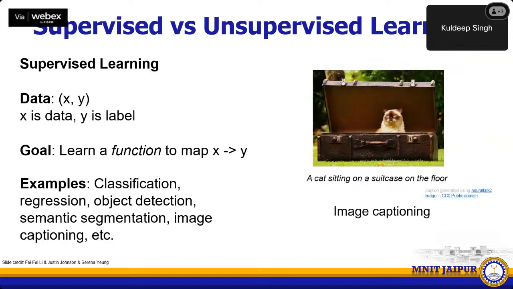Another example could be image captioning. In image classification, you had labels as the class of the image, cat, dog. However, in image captioning, the label is a particular sentence which is describing the image. So there is involvement of natural language processing as well here.